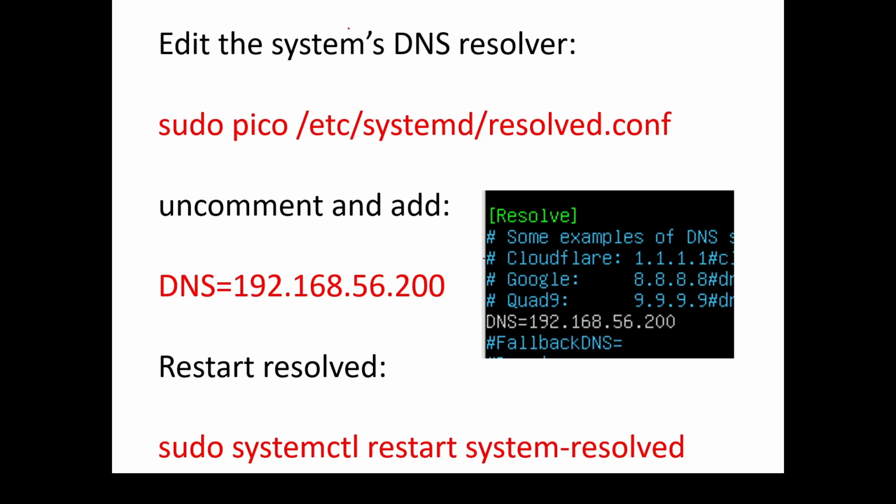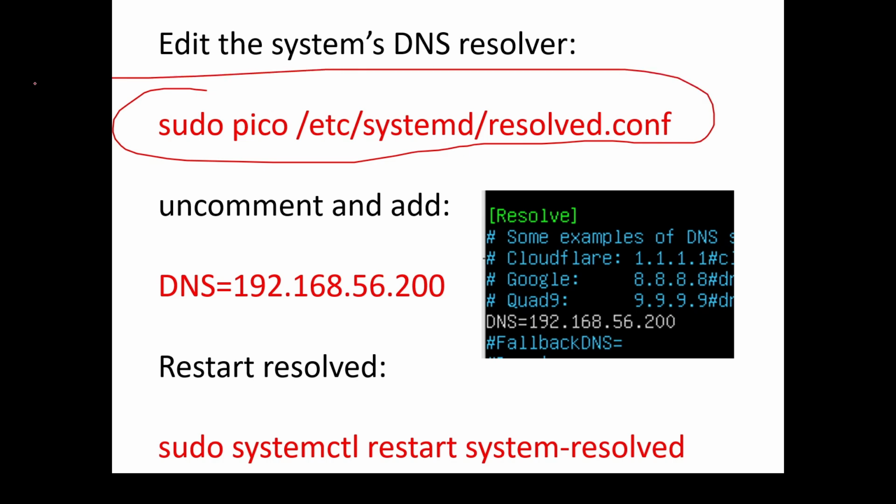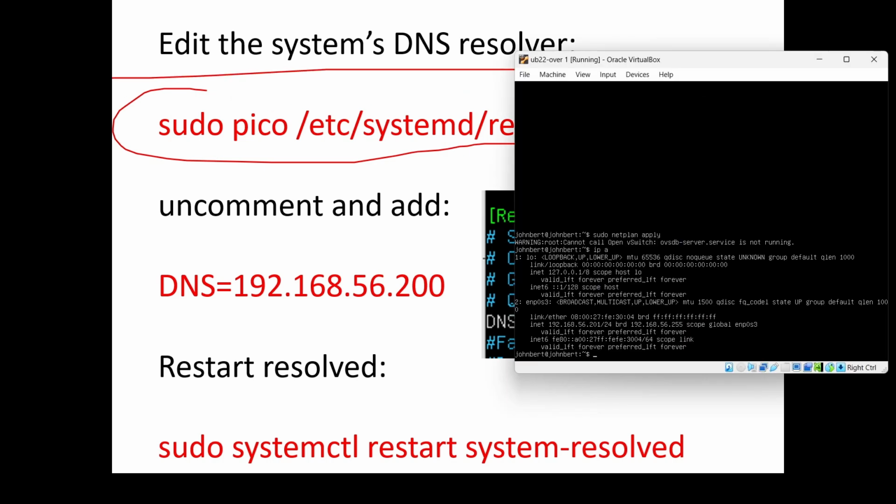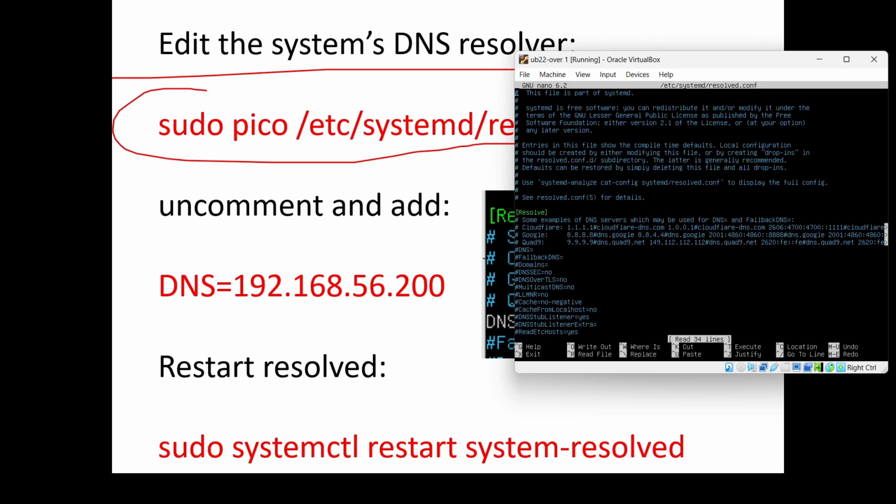So let's now open this file. Sudo pico /etc/systemd/resolved.conf. Okay, so look for the line that says DNS, uncomment it, and then add the IP address of your local DNS servers.